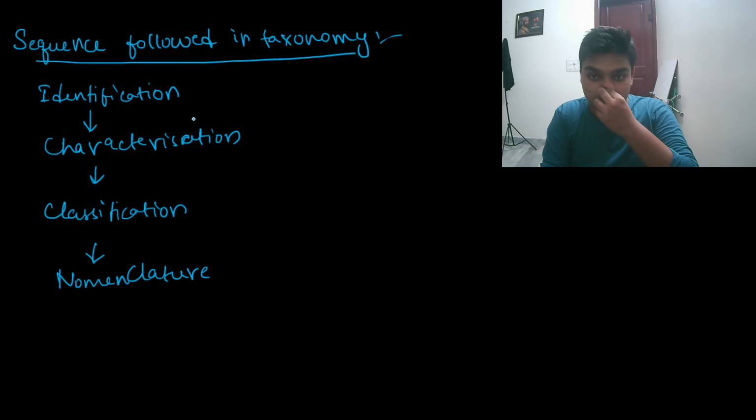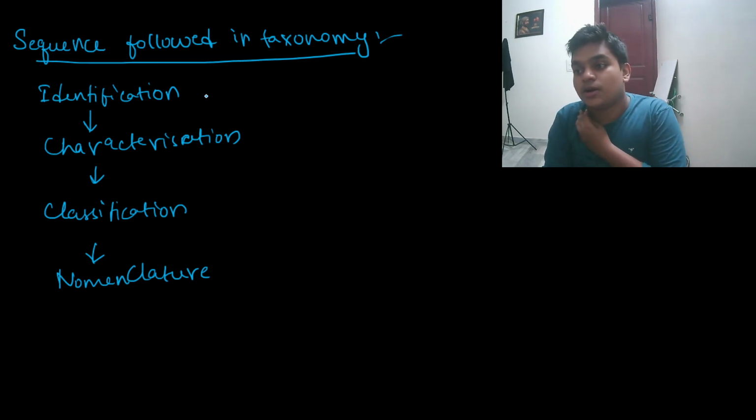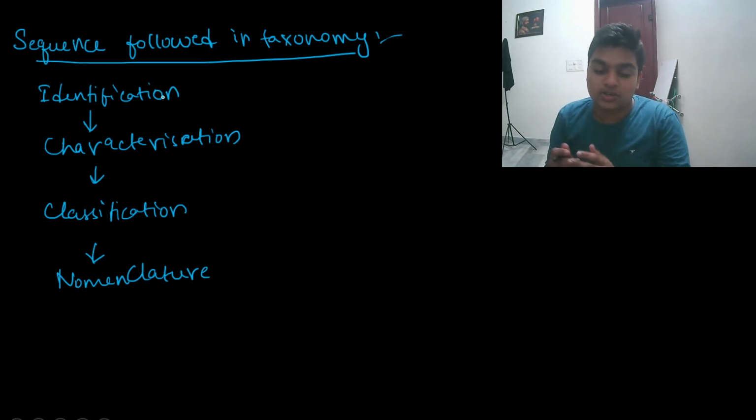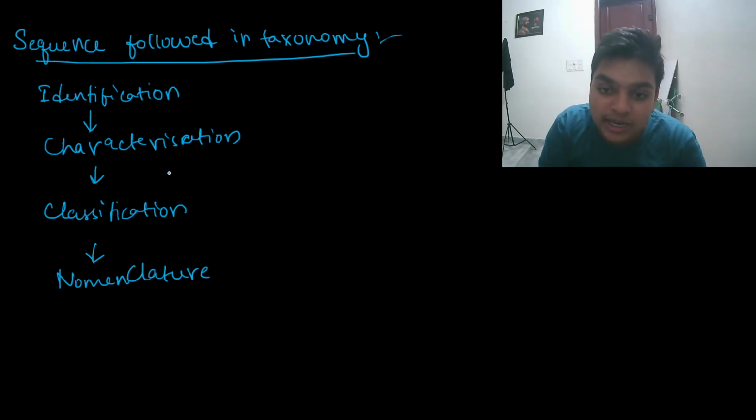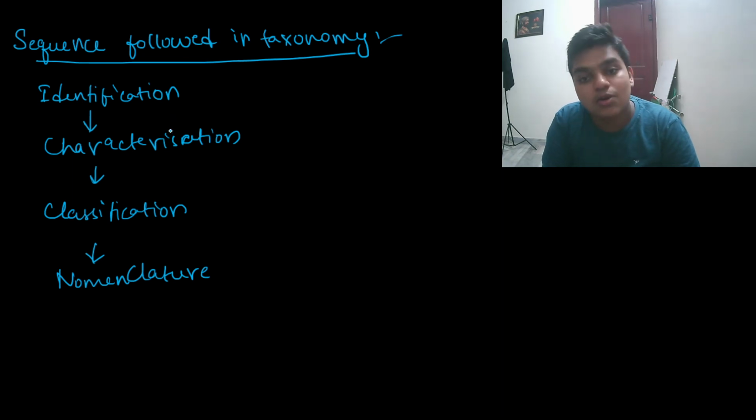Now here is a controversy. Without identification of an organism, you cannot characterize. Without characterizing, you cannot identify. Understood? Without knowing its characteristic features, you cannot say it is a particular organism. Or without knowing there is an organism, without studying it, you cannot characterize it. So here is a controversy arising.